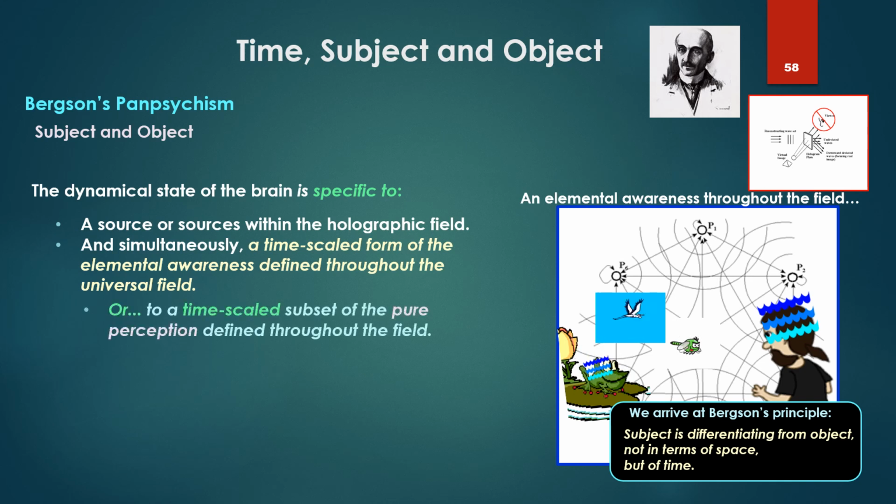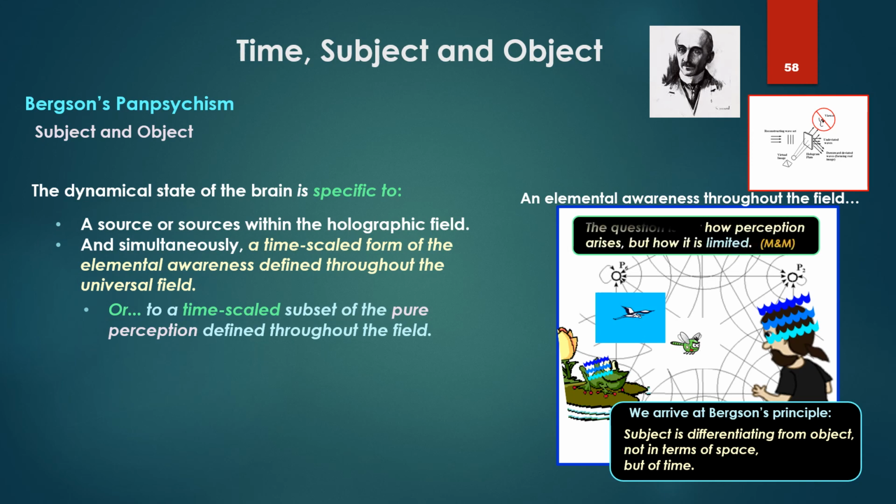Put another way, or to a time-scaled subset of the pure perception defined throughout the field. Or, to make sense of Bergson's quote, then, the question is not how perception arises, but how it is limited. So the brain is specific to a time-scaled subset of this pure perception defined throughout the field.